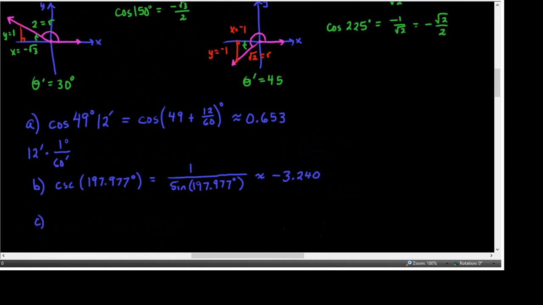All right, let's see how you did. C is cotangent of 51.4283 degrees. Cotangent is not a button on the calculator, so to calculate it, I'm going to need the reciprocal identity. Cotangent is 1 over tangent of the same angle. So that gives you an idea of what needs to be typed in the calculator.